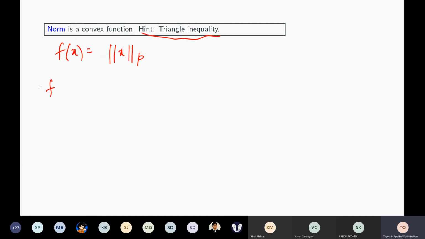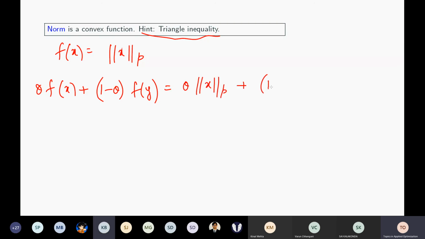So what we have to prove is that theta f of x plus 1 minus theta f of y is greater than or equal to f of theta x plus 1 minus theta y. In this case, this is theta of norm of x p plus 1 minus theta of norm of y p.